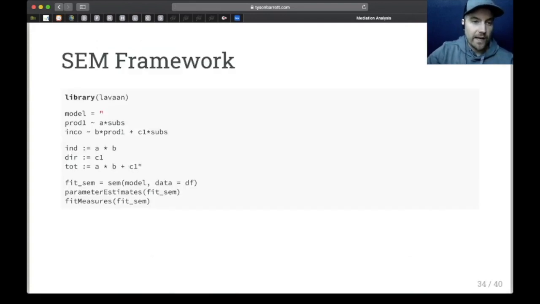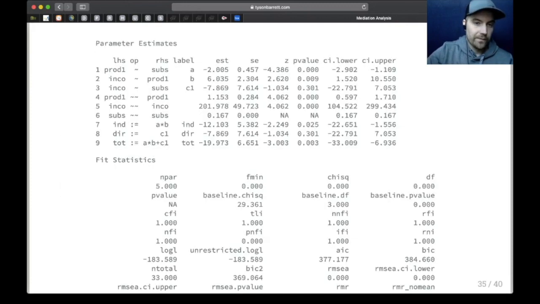In other words, we're saying the effect of substance use on productivity and the effect of productivity on income together is that much. Substance use directly on the income is this, and that's not significant. And the total effect is this.